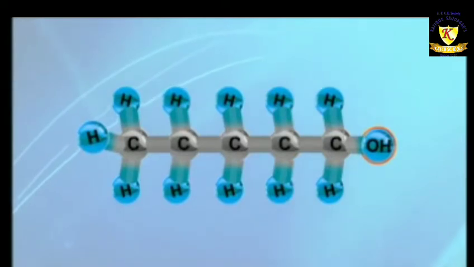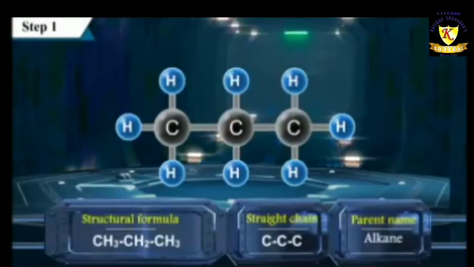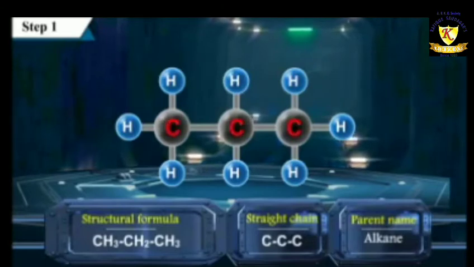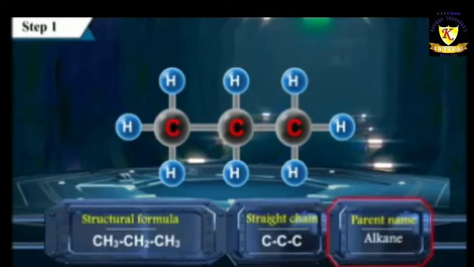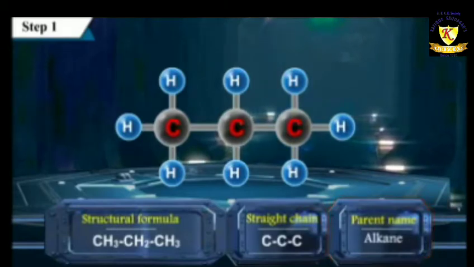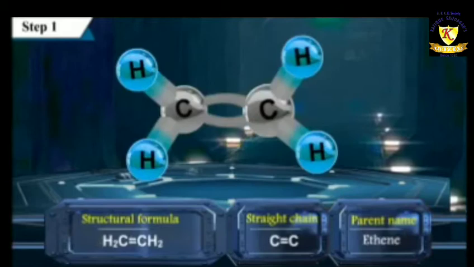The steps in the IUPAC nomenclature of straight chain compounds are as follows. Step 1. Draw the structural formula of the straight chain compound and count the number of carbon atoms in it. The alkane with the same number of carbon atoms is the parent alkane of the concerned compound. Write the name of this alkane.